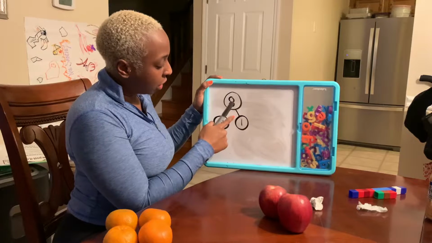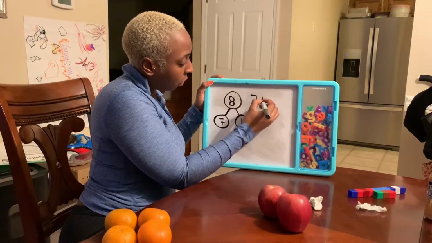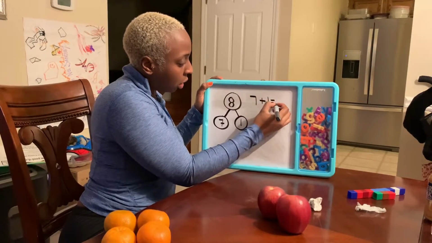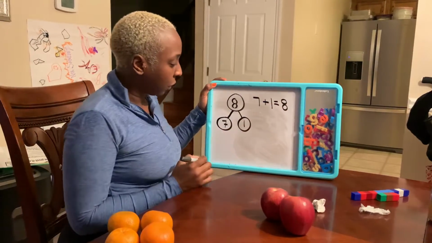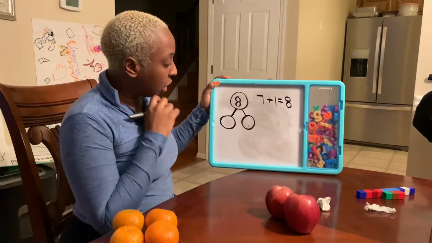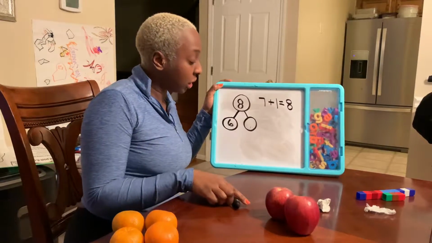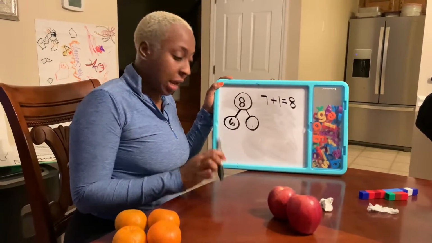And I can turn this into a number sentence. So I can say 7 plus 1 equals 8. I can also change my parts. If I had 6, I could add 2 more to 6 to get 8.